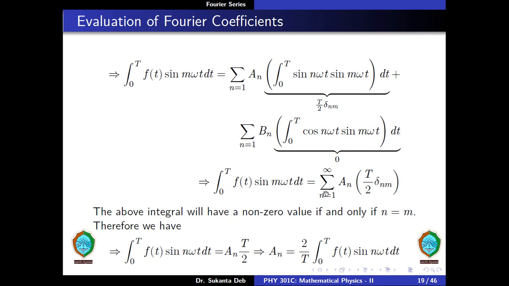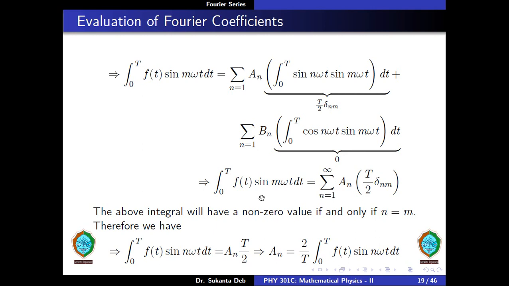Now we know that the above integral will have a non-zero value if and only if n is equal to m, because only for n equal to m will this summation contribute. For n not equal to m this will give rise to 0, because if n is not equal to m, delta nm is equal to 0.